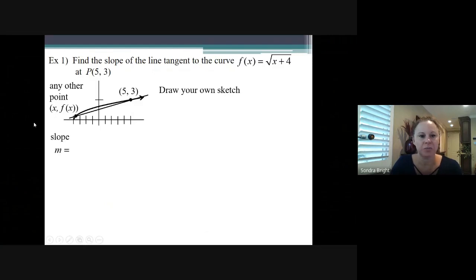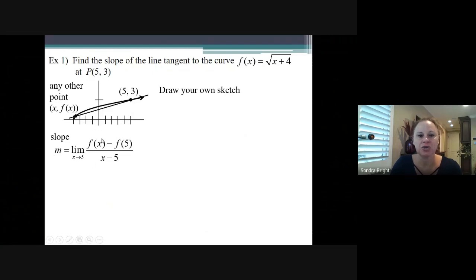So the slope of the curve will be the limit as x approaches the x value of this point, so as x approaches 5, of f of x minus f of 5 all over x minus 5. I did y minus y over x minus x. All right, once you do that, that's just what you're going to do every time.